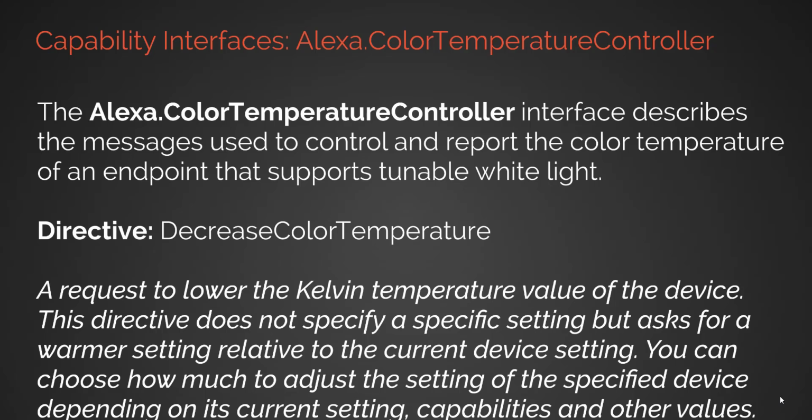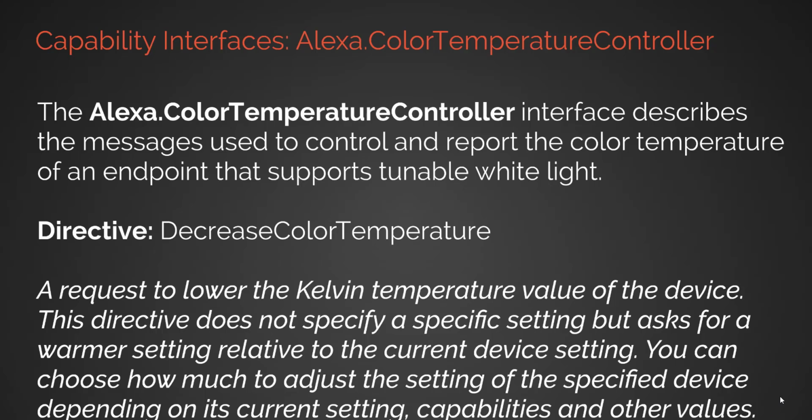All right, with that said, we're going to get started on our next capability interface, which is the color temperature controller. The Alexa color temperature controller interface describes a message that's used to control and report the color temperature of an endpoint. For example, it's a way for us to change a color from, say, white to something else, such as lowering the Kelvin temperature value of a device.